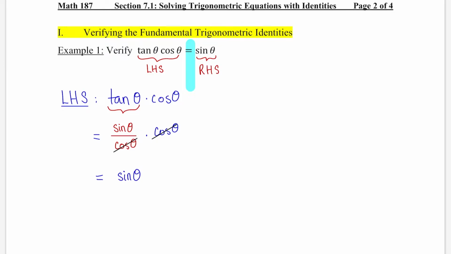So I have just shown you that if you have tangent of theta times cosine of theta, it is actually equal to sine of theta, which means I have verified this identity. The process is, I chose the left hand side and I use whatever I have on the left hand side to work my way until I get the function on the right hand side. That means this statement is verified.